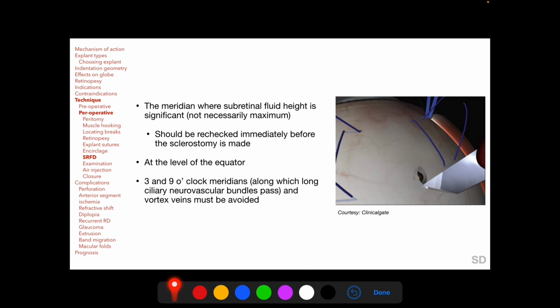The SRFD site has to be in a meridian where subretinal fluid height is significant, and this should be rechecked immediately before the sclerostomy for SRFD is made. The 3 and 9 o'clock meridians, along which long ciliary neurovascular bundles pass, and vortex veins must be avoided when selecting the site for SRFD.